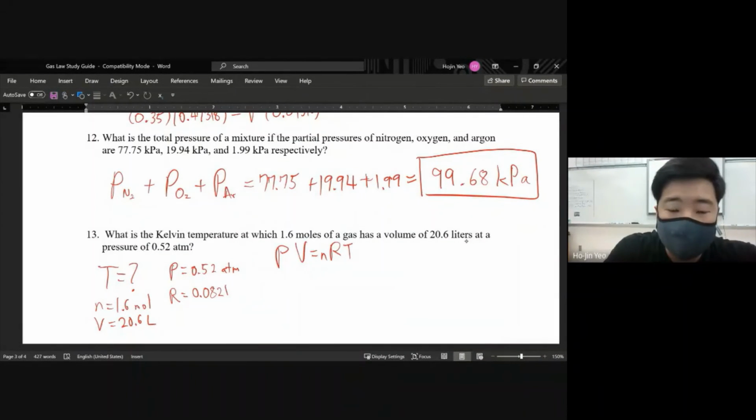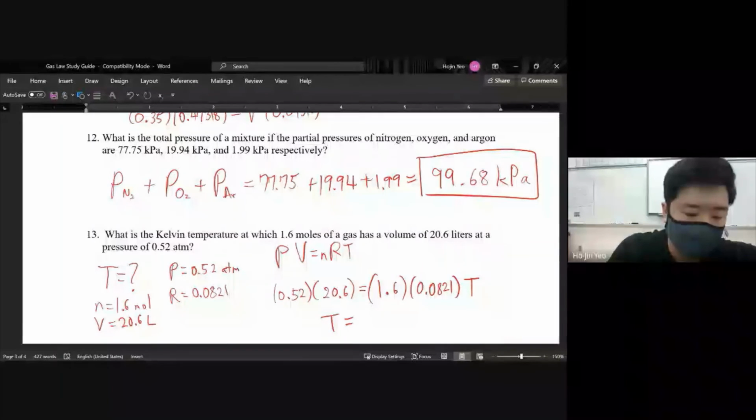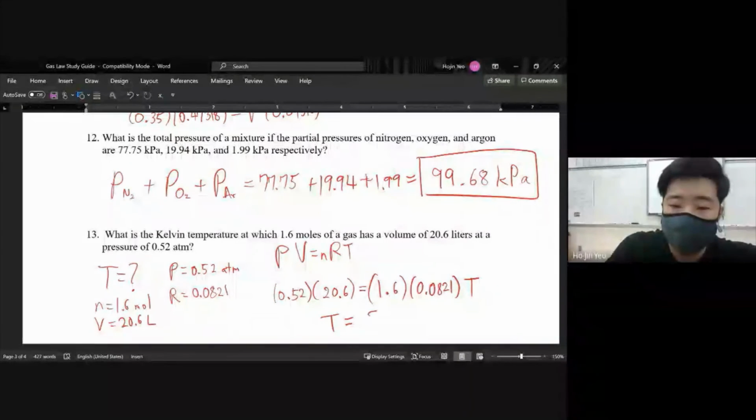So P is 0.52, V is 20.6, n is 1.6, R is 0.0821, and T. So at the end, you will get a number of 82 Kelvin as your answer.